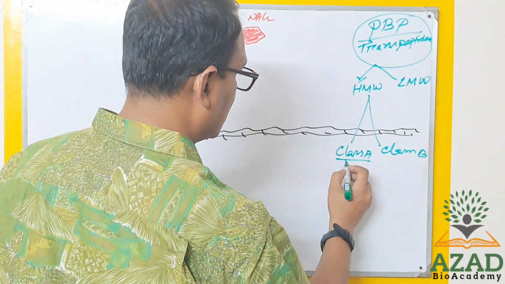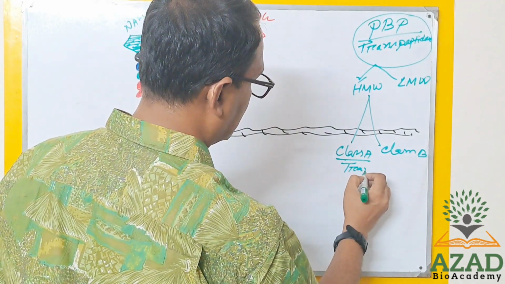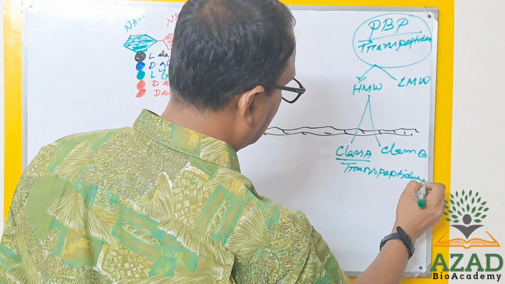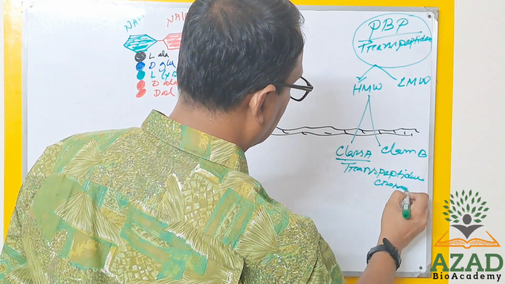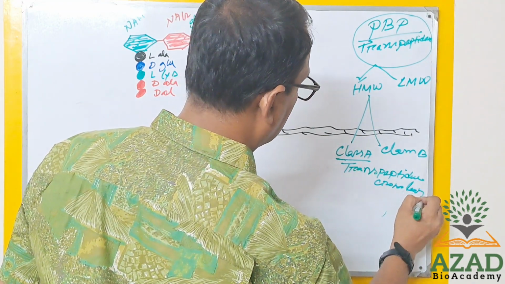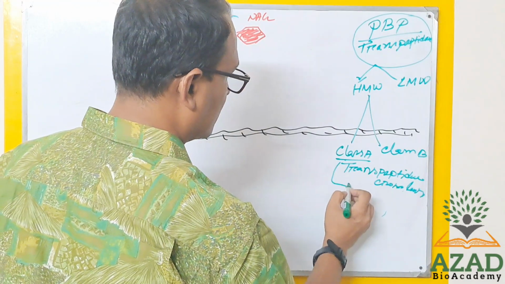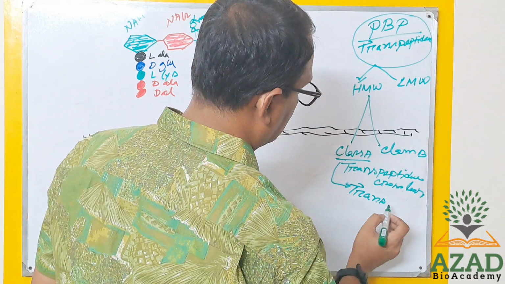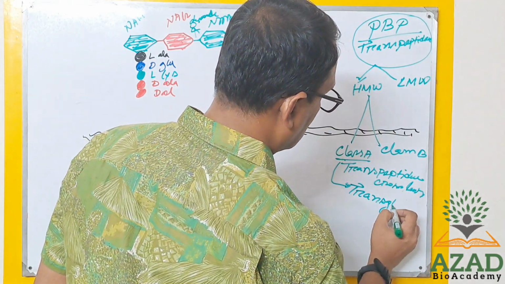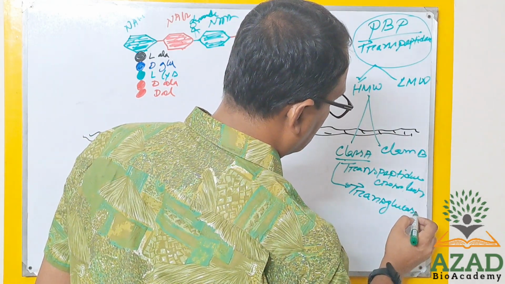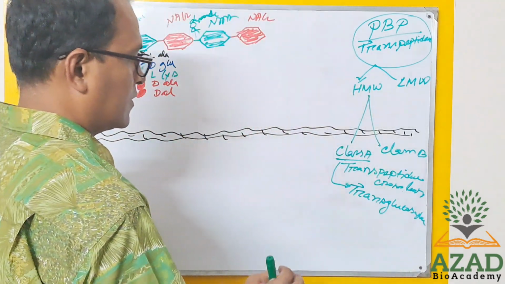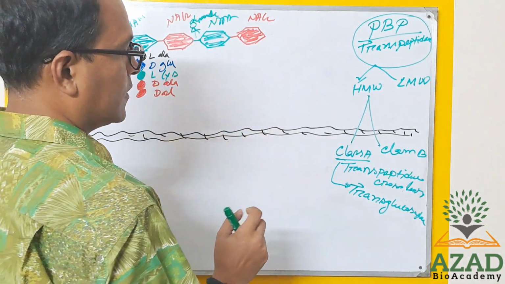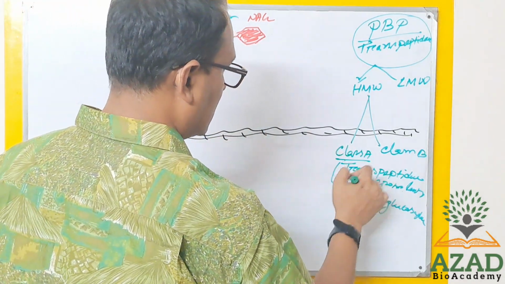Class A has two functions. One is transpeptidation, that is cross-linking, and another one is transglycosylation, which means it will form a glycosidic bond.